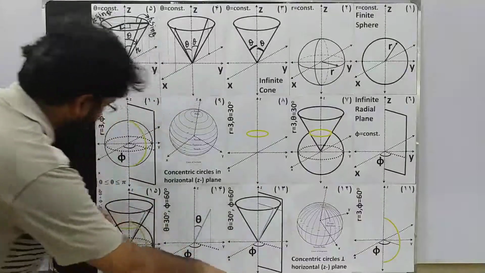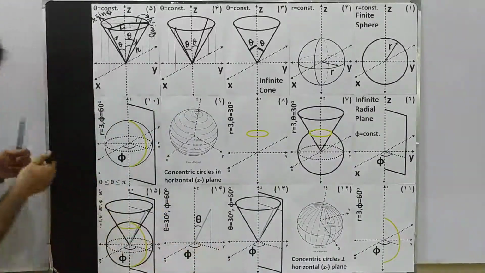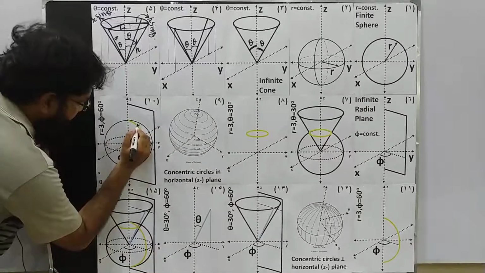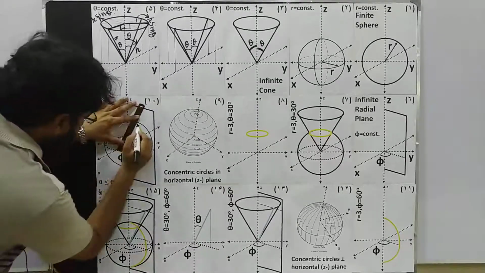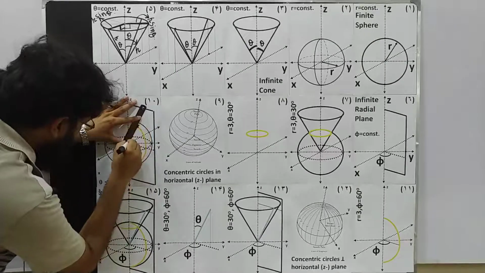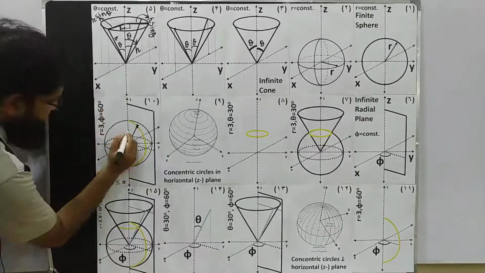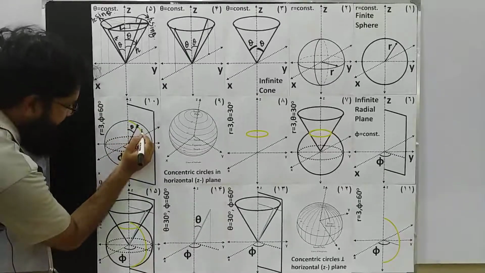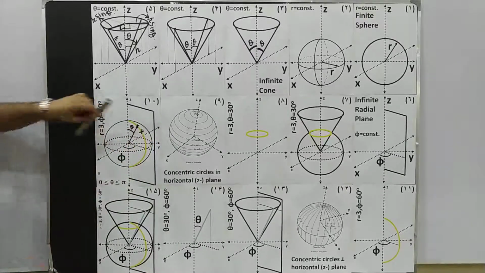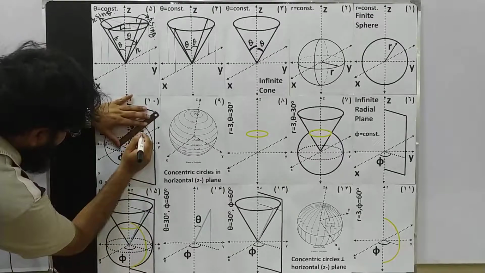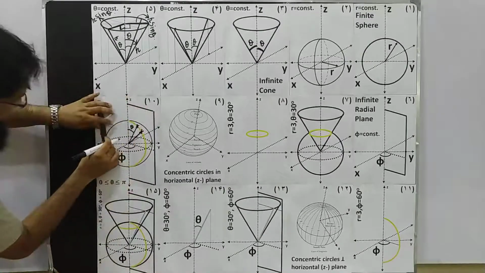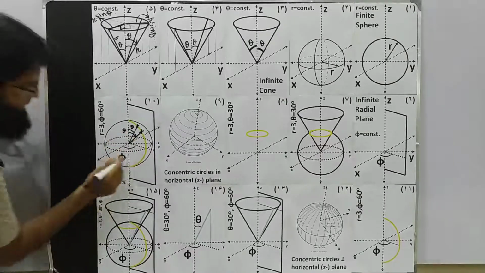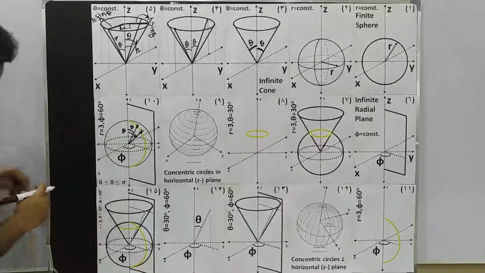So if I am, let's say, on this point, this is the destination, and if I join this point to the origin, this is theta. And if this is the destination, and I join this point to the origin, now this angle is theta, some other value, but this angle is theta.